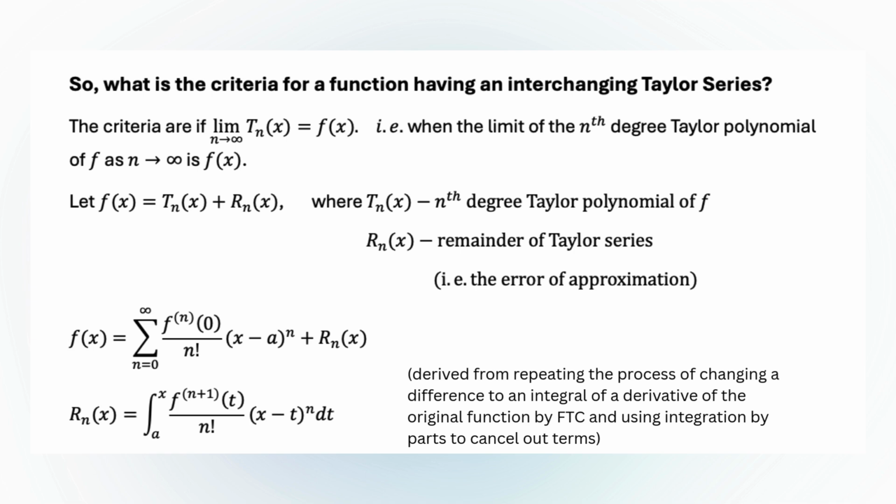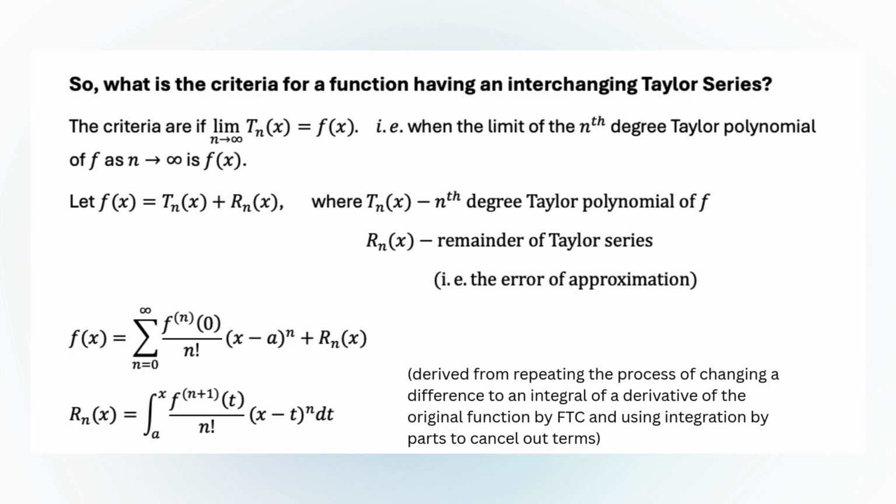In full, the function can be written as the sum from n equals 0 to infinity of the nth derivative of f at 0 over n factorial times x minus a to the n, plus the remainder R sub n of x. The remainder itself is given by this formula.